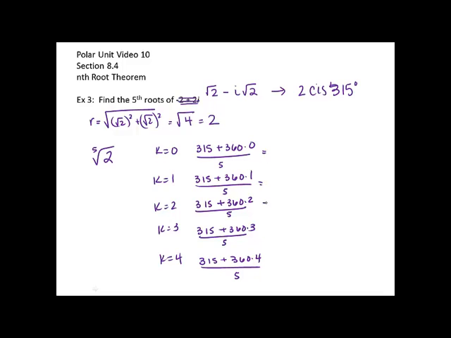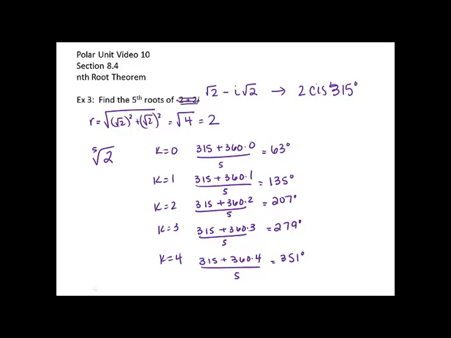So I'll give you whatever time you need to pause it and go ahead and calculate those, or you can follow along and trust that I've done it correctly. I got 63, 135, 207, 279 degrees, and 351 degrees. Okay, and those are my values.